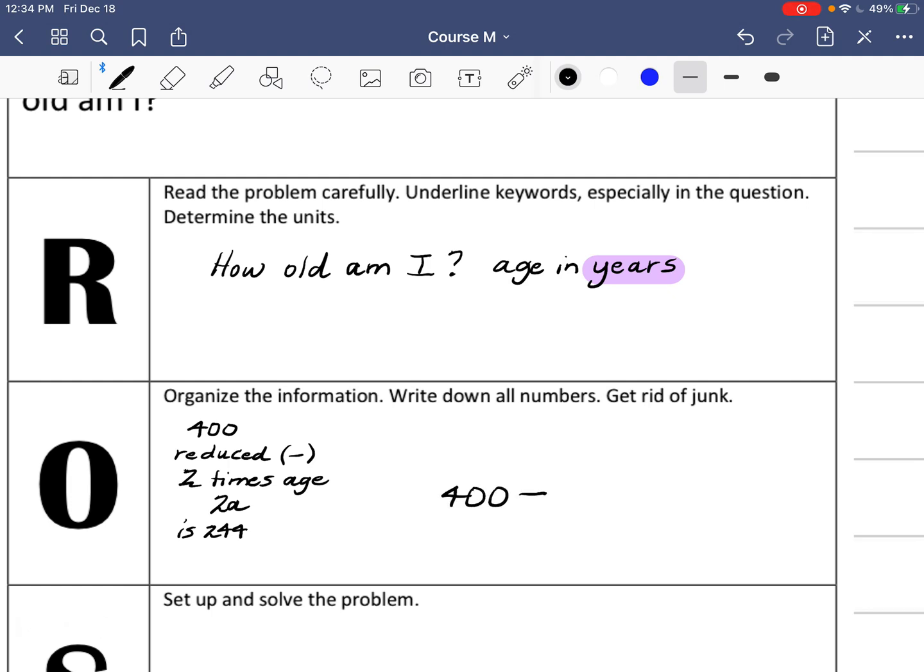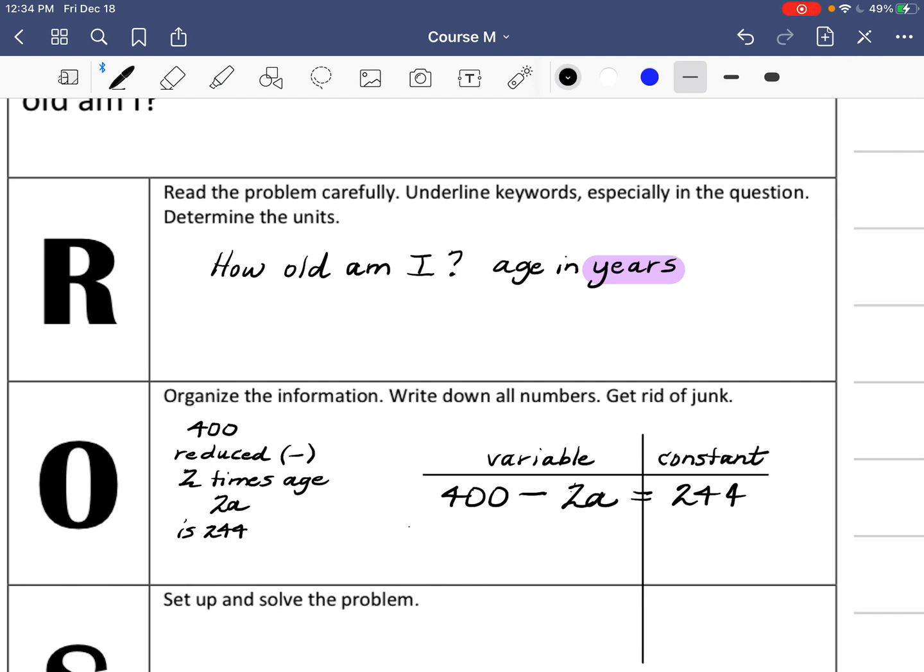400 reduced by 2 times my age is 244. And that's what I'm going to solve. So we have the variable, which is age, on this side, and we have the constant, which is years, on this side. And we are going to minus 400 from both sides. Cancel and copy.